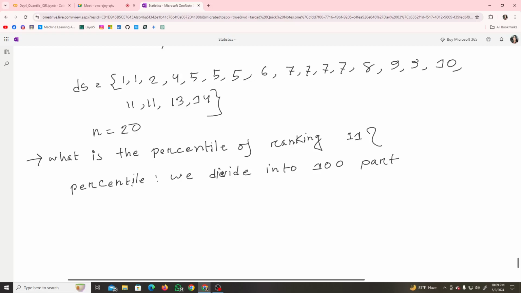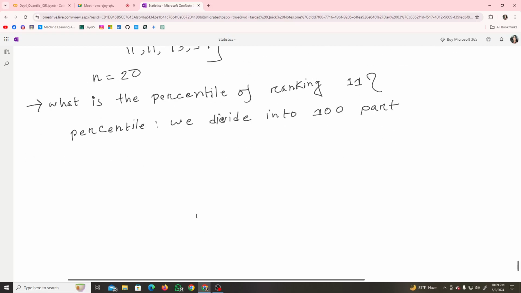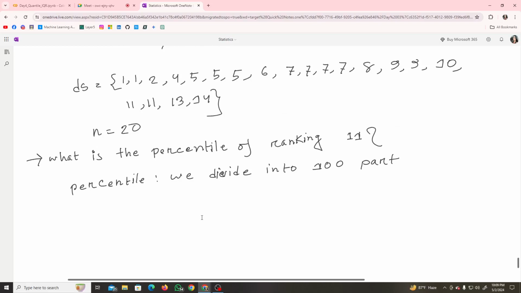What is the percentile of ranking 11? To find the percentile of ranking 11, we have a formula. Firstly we have to find x, which is the total number below the number which is asked in the question, which is 11.